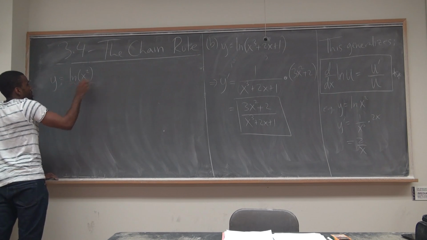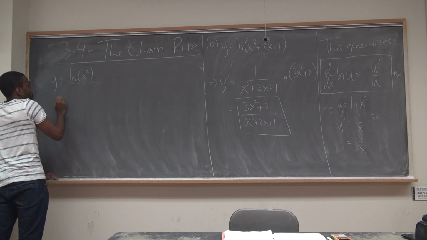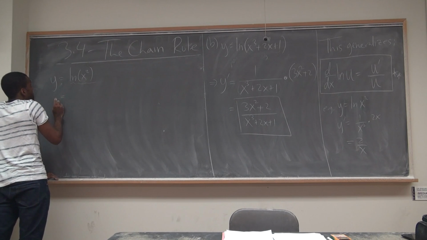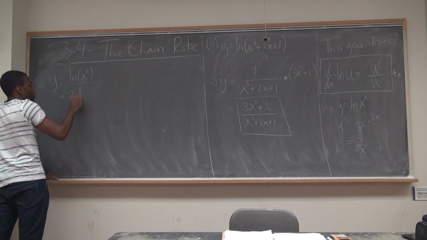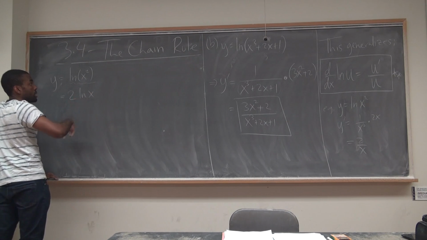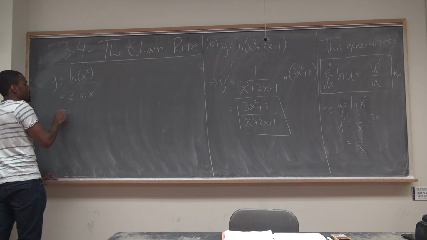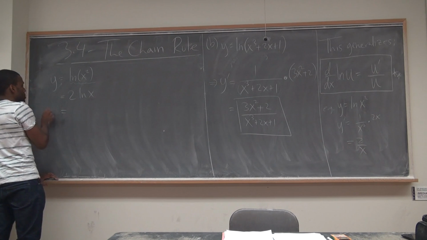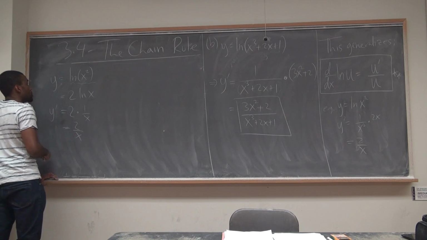Maybe I could have rewritten this somehow. How can I rewrite that? 2 ln x, right? Now, of course, my x is technically absolute values. I could have negatives and positives here. But now, that's just 2 times the derivative. That's 2 over x.